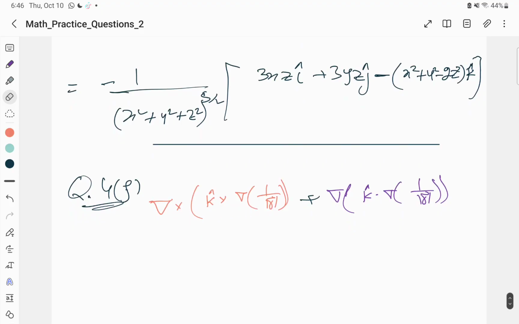This is the thing we have just calculated in the E part, and this was calculated in C part. So I'm going to plug the values and we check if this is 0.